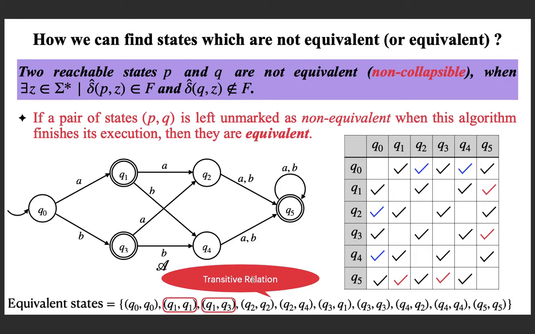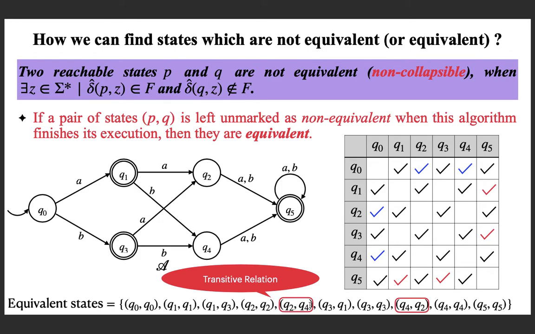It is transitive. There are many pairs: Q1 Q1, Q1 Q3 needs to have Q1 Q3, which is already there. Next pairs Q1 Q3 and Q3 Q1 demand you to have Q1 Q1, which is already here. Then the next set of pairs Q1 Q3, Q3 Q3 demands Q1 Q3, which is already here. Next set Q2 Q2, Q2 Q4 demands Q2 Q4, which is already here.